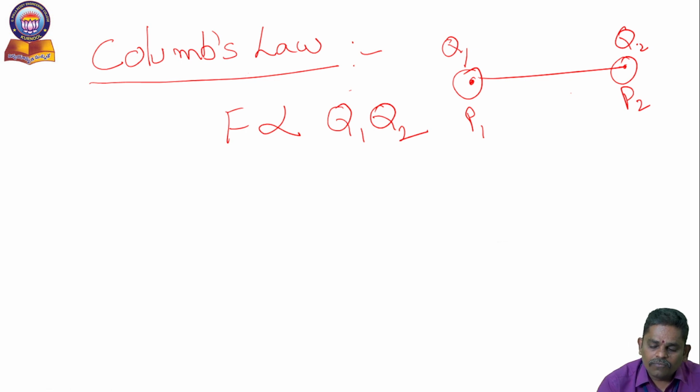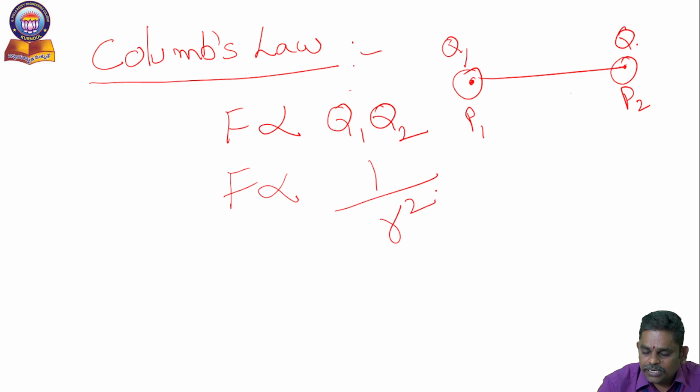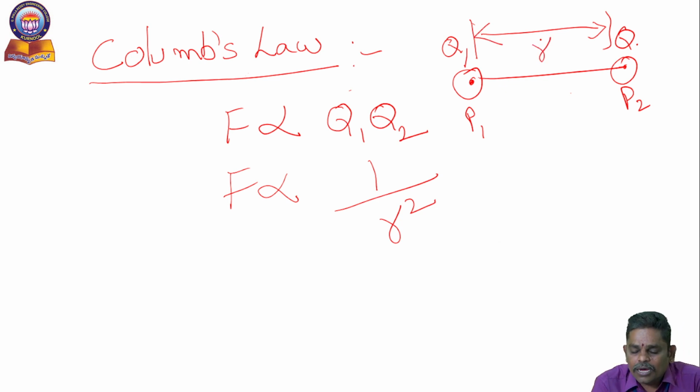Now with reference to Coulomb's law, force is directly proportional to the product of the two charges and inversely proportional to the square of the distance. Here the distance between the two charges we call r.